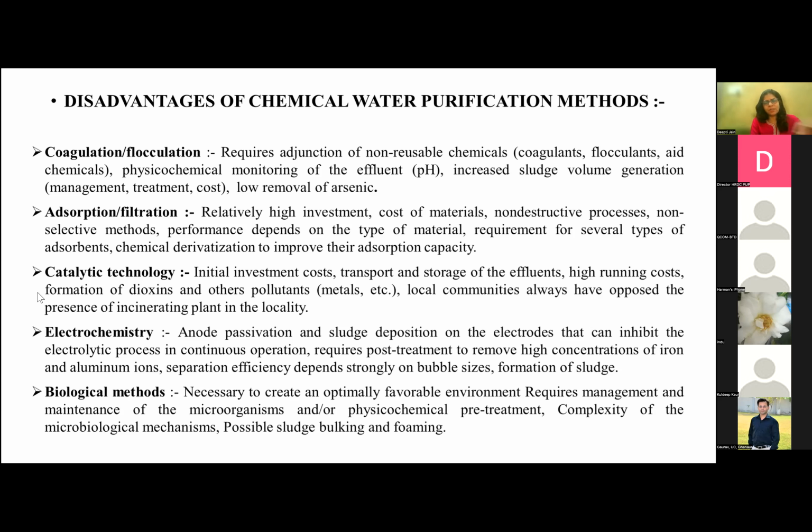Once it is fully used, then they stop working. Then whatever output we are getting, what is the quality of that output? Once it stops working, we have to keep on checking from time to time. So increased sludge volume generation or low removal of arsenic, these are some disadvantages if we are using a coagulant as a water purifier.